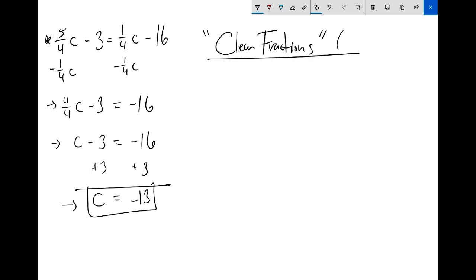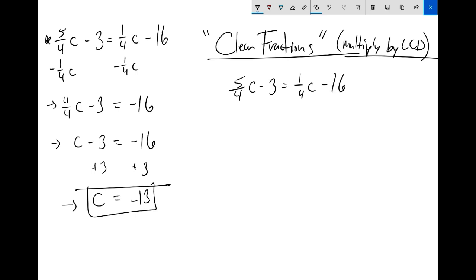What you do is you multiply everything by the least common denominator of whatever fractions are in your expression. So I'll show you. So in this one, it started out as what? 5/4 c minus 3 equals 1/4 c minus 16.